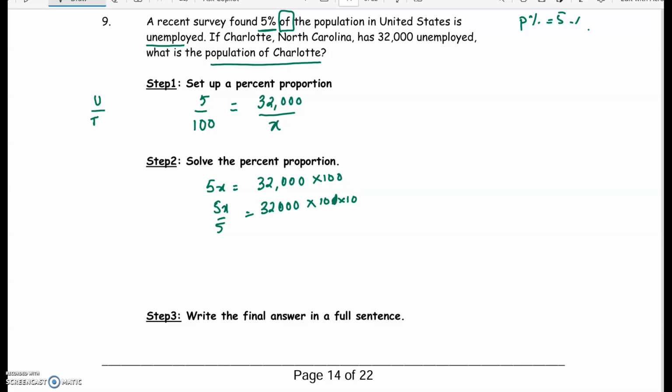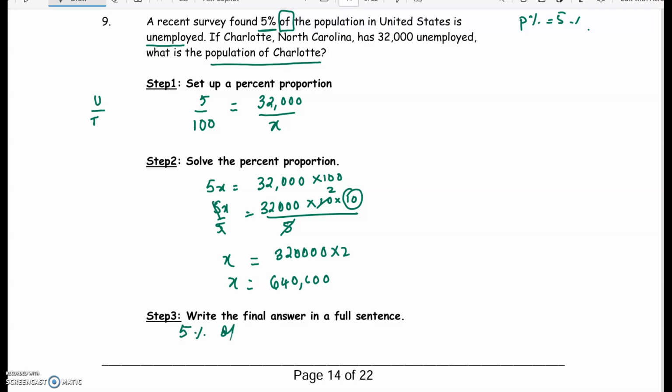Sorry, that's a 10 times 10, and then we're dividing by 5. 5 goes 2 times into 10, and we have solved for x, which is 32,000. And then of course if you add another 0 because of this 10, and then you multiply with 2, which is 640,000 people.